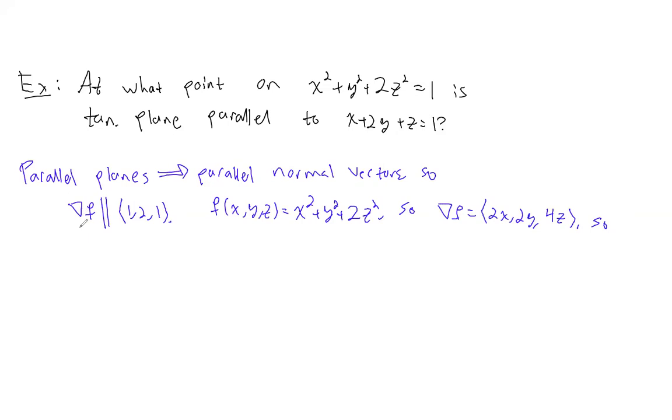So what we want is for 2x to be equal to c, 2y to be equal to 2c, and 4z to be equal to c, for some c. And why do we want that? Why does that have to be the case?